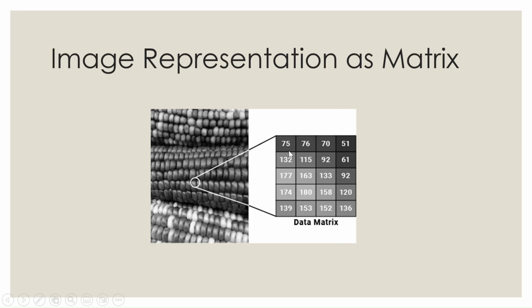This matrix contains rows and the columns which represent the spatial location of the pixel, and the values inside this matrix represent the intensity level or grayscale value of a particular pixel. So an image can be represented in the 2D form as a matrix with rows and columns, and with the intensity values as the value of that particular pixel.